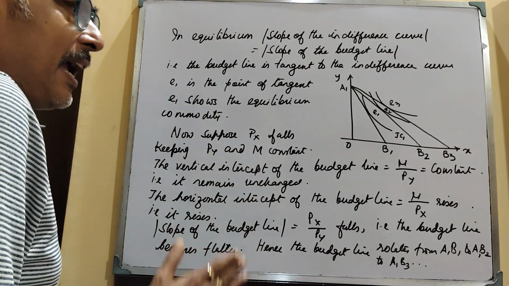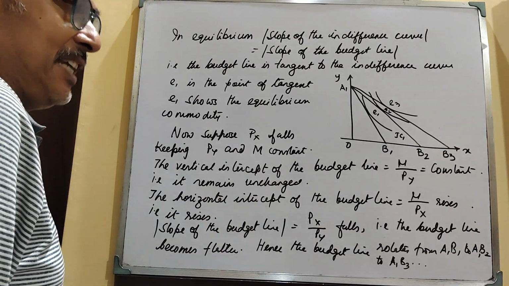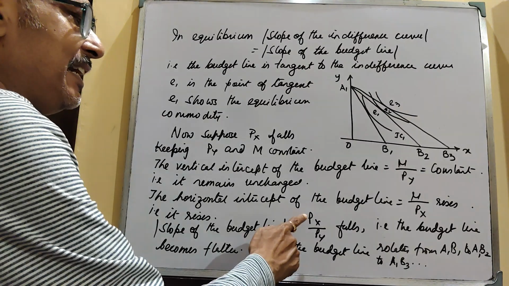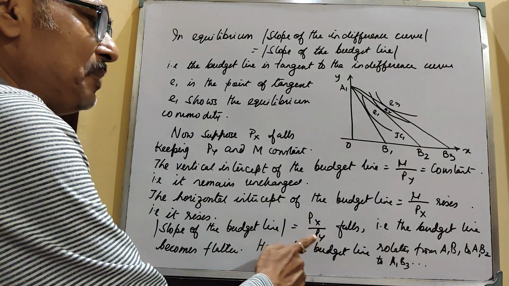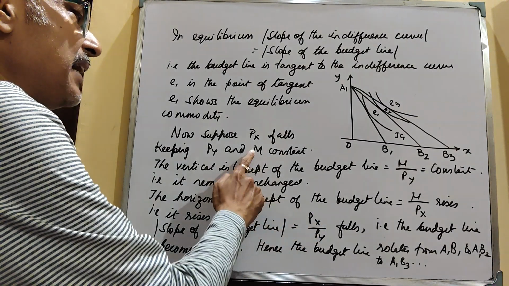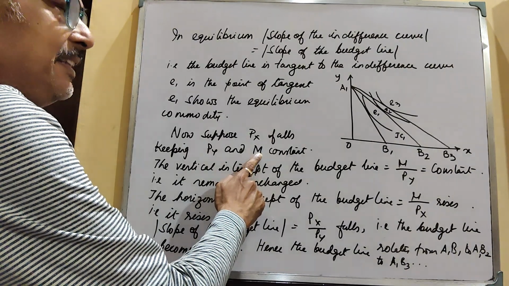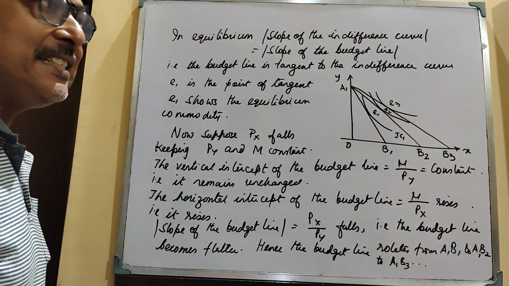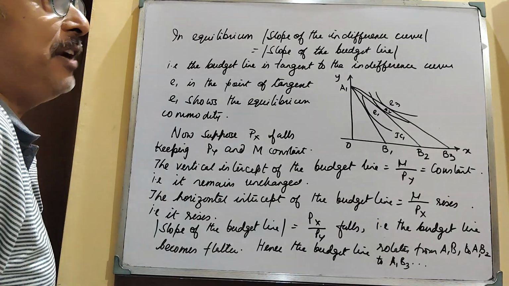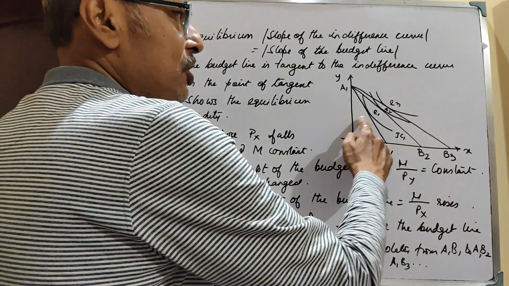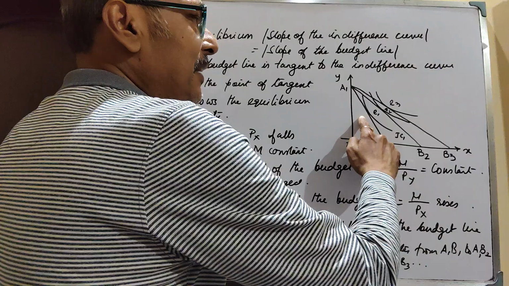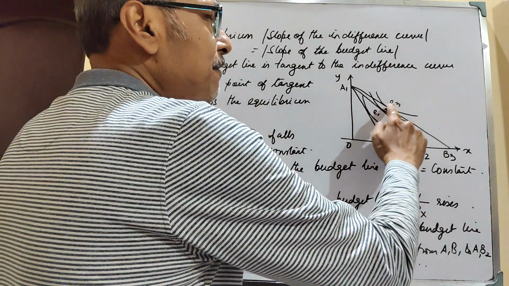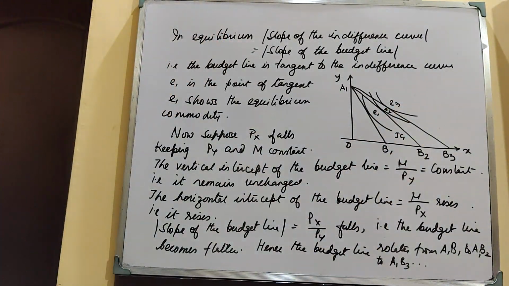Now the price ratio changes, indicated by a fall in Px by Py. Money income remains constant. Therefore, PCC is the locus of different combinations of commodity bundles, that is, the locus of E1, E2, E3.